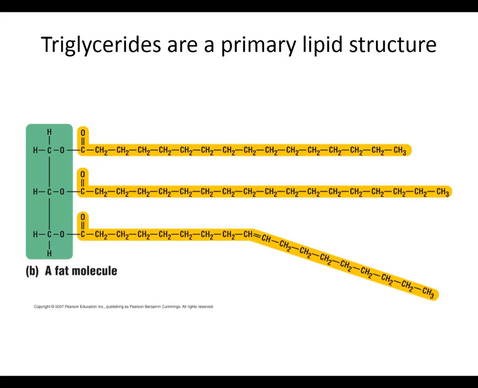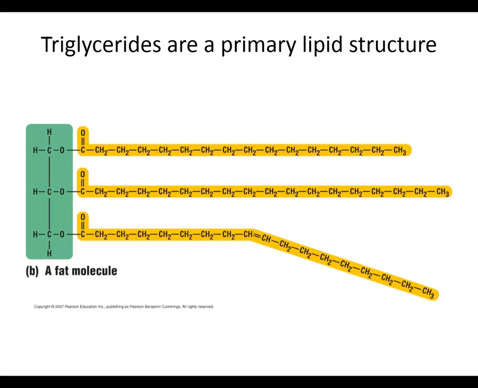So 2 covalent bonds to each carbon plus 2 to hydrogens on the sides. That's where you get the CH2. These CH2 chains can vary in length. The first one is shorter, the second one is longer. And then they can be bent. This one has a double bond where that bend is occurring, so that is what's called an unsaturated fatty acid. Each of these hydrocarbon chains is called a fatty acid.